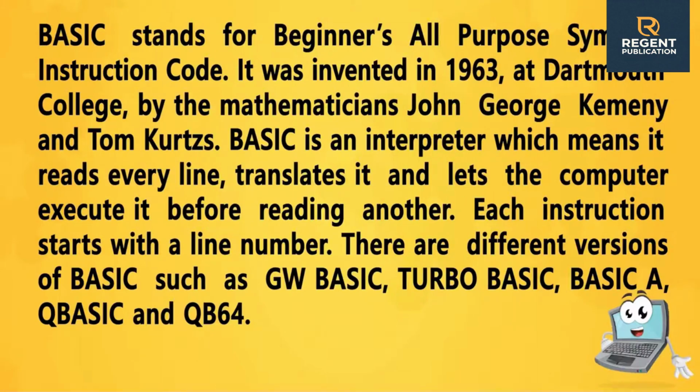BASIC is an interpreter, which means it reads every line, translates it, and lets the computer execute it before reading another. Each instruction starts with a line number. There are different versions of BASIC such as GW Basic, Turbo Basic, BASICA, QBasic, and QB64.